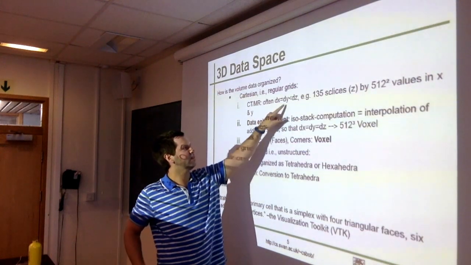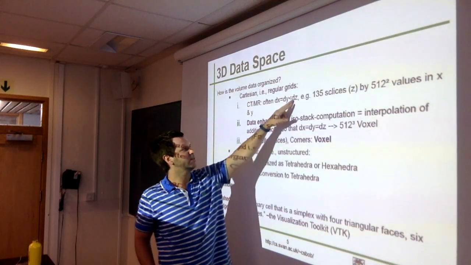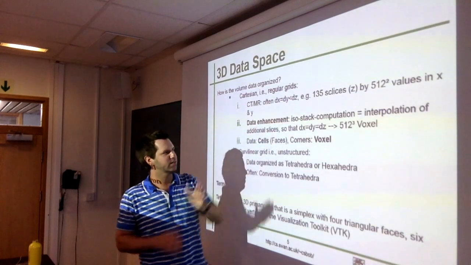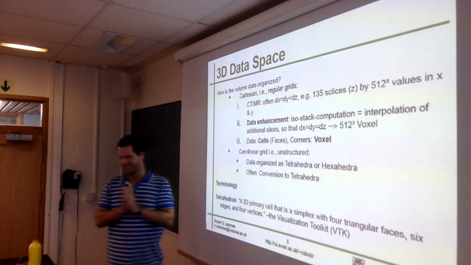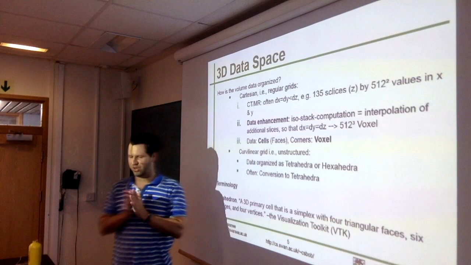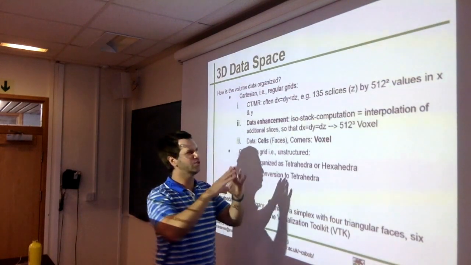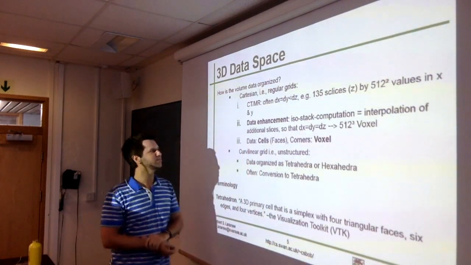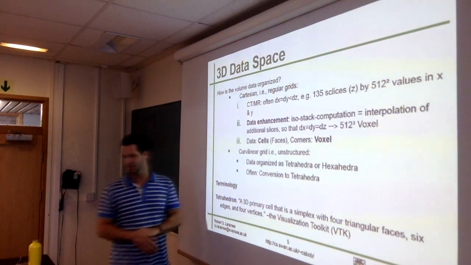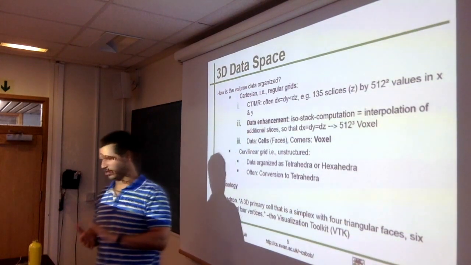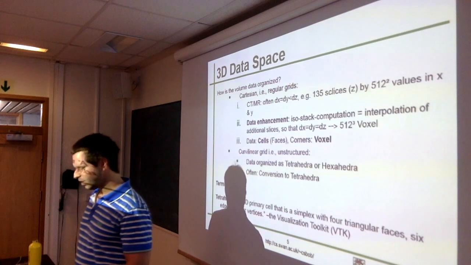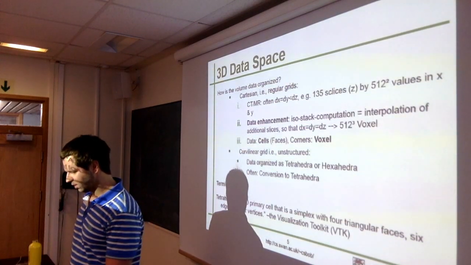These are usually the same. Sometimes dz is greater, but usually it's resampled onto a uniform grid to make it completely uniform in all three directions. And we are going to talk about that.